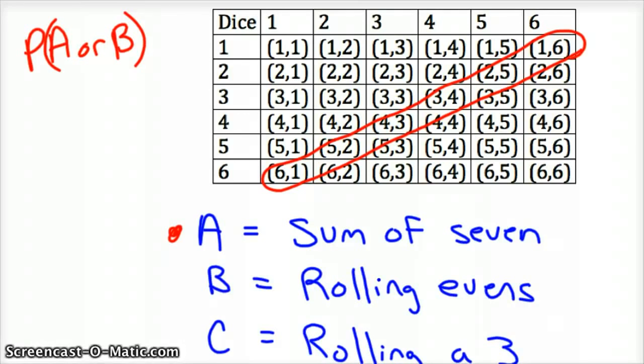Now, I'm going to be very specific here and say rolling 2 evens for event B, so that we're not getting confused there. So both dice have to be even. We'll do that one in green. Okay, so both dice are even. You got one here, you got one here, you got one here.